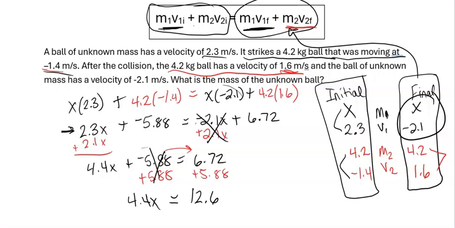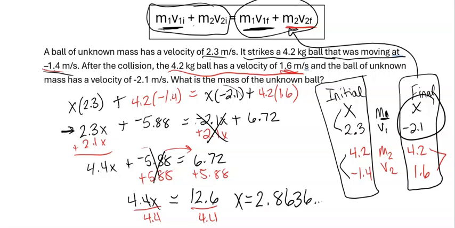And now the last thing I need to do to get x by myself is to divide both sides by 4.4. So 12.6 divided by 4.4 is going to leave me with x equal to 2.8636, etc. And again, we were finding the missing mass.